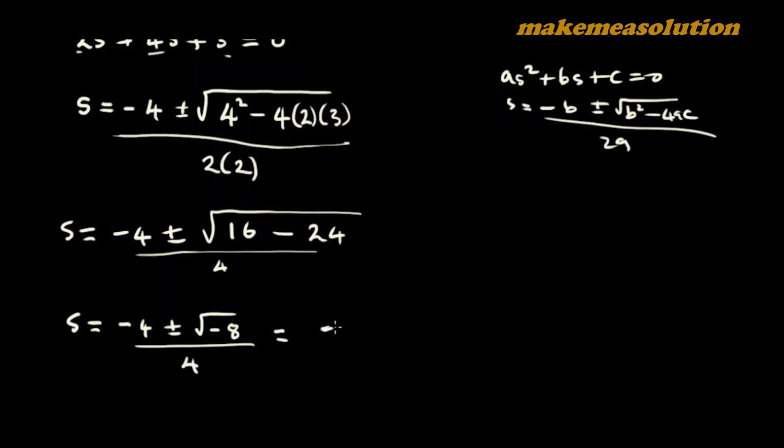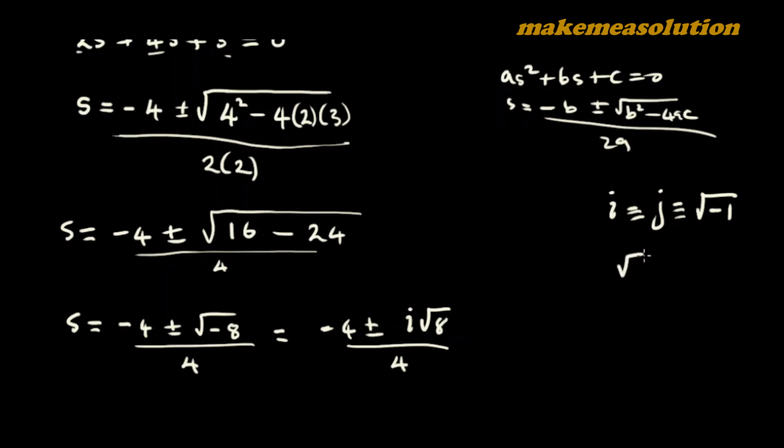This evaluates to minus 4 plus or minus j root 8 over 4. Some people use i, some people use j. They are both standing for the imaginary number, which has a magnitude of square root of minus 1. So whichever you are familiar with, no problem, it's still okay.